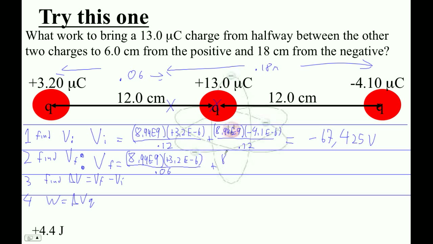Plus 8.99E9 times negative 4.1E minus 6. It's going to be positive work because this guy doesn't want to get moved that way, right? And then this guy will be divided by 0.18 now, since we moved it over. Okay, so let's do that.